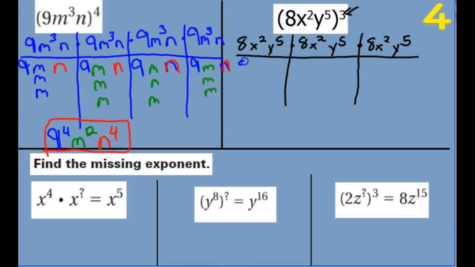Here we have 1 8. We have 2 x's. And we have 5 y's. 1, 2, 3, 4, 5. In the middle here we have 1 8, 2 x's, and again 5 y's.